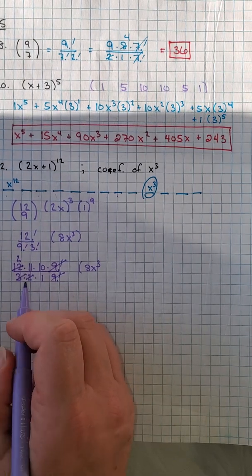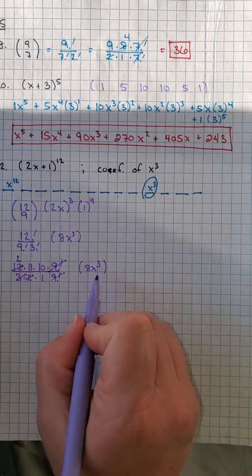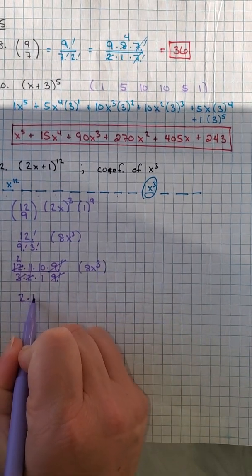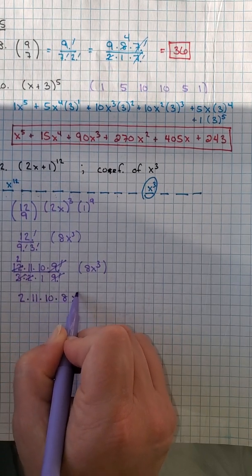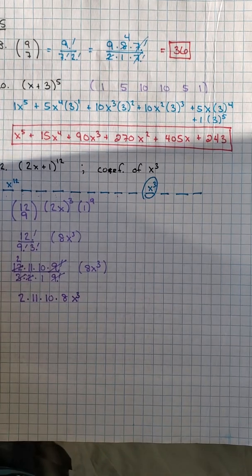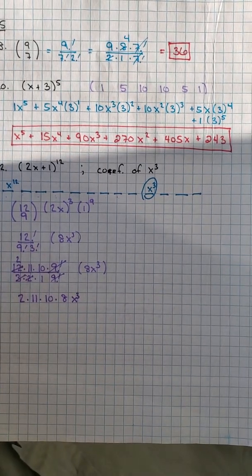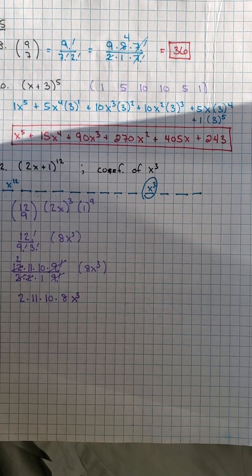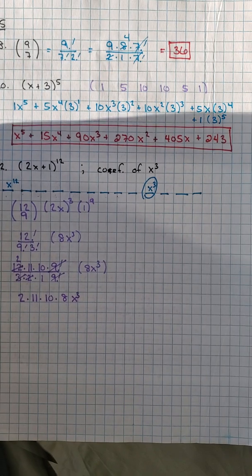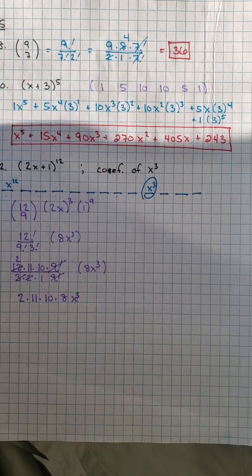So we have 2 times 11 times 10 times 8x to the 3rd. So 22 times 10 times 8. We get 1,760x to the 3rd.